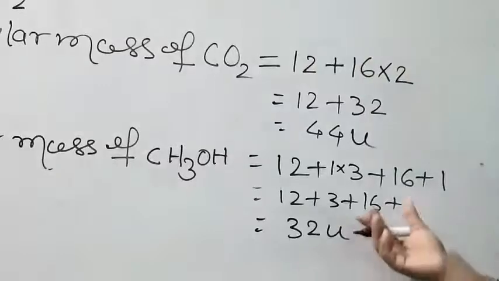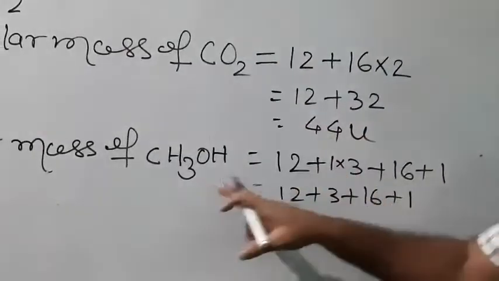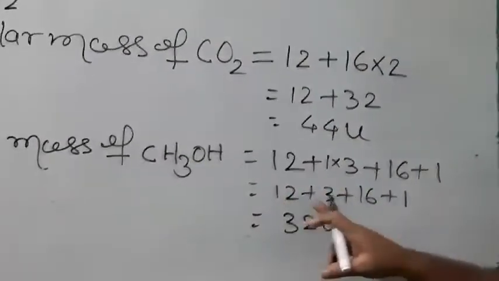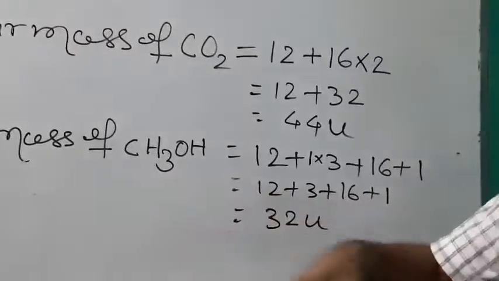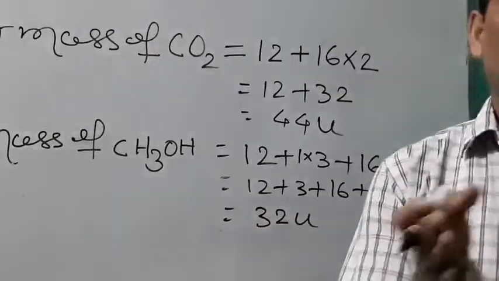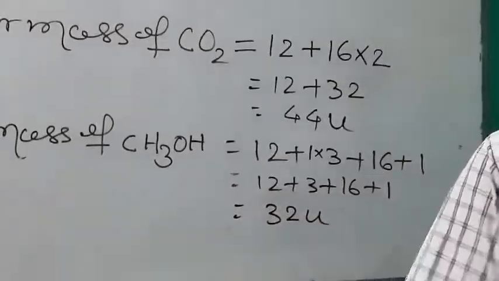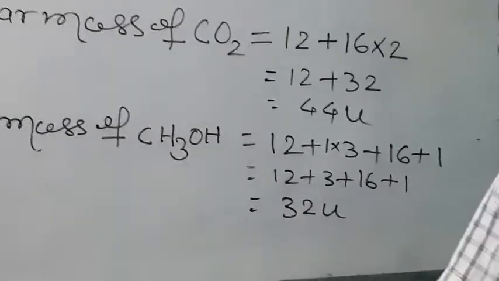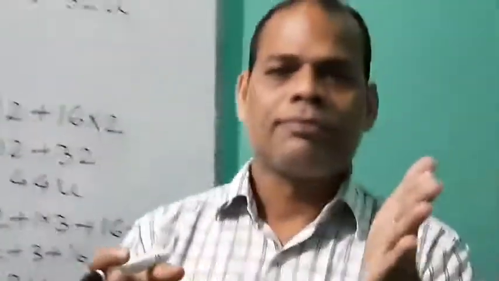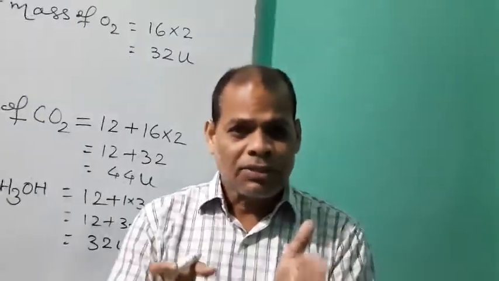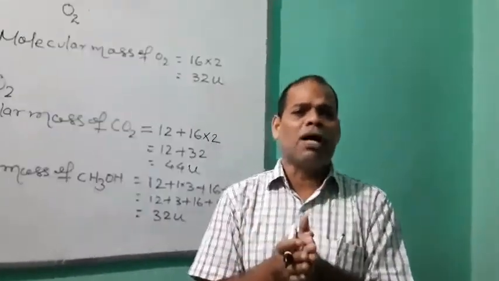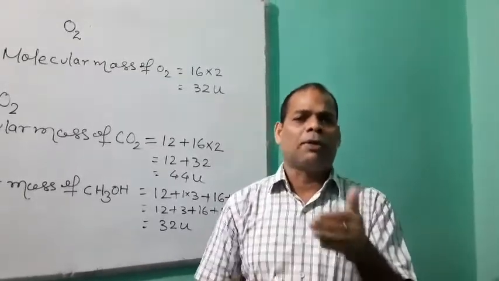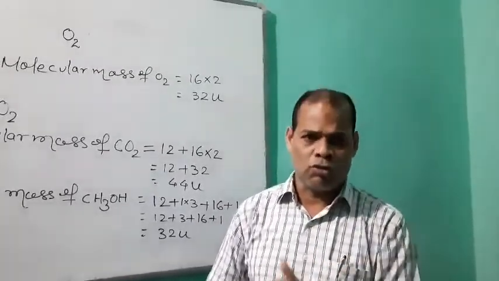So from this you can also define molecular mass. Molecular mass is the sum of the atomic masses of all the atoms present in one molecule of a substance. How to calculate it? It is the sum of the atomic masses of all the atoms present in a molecule.